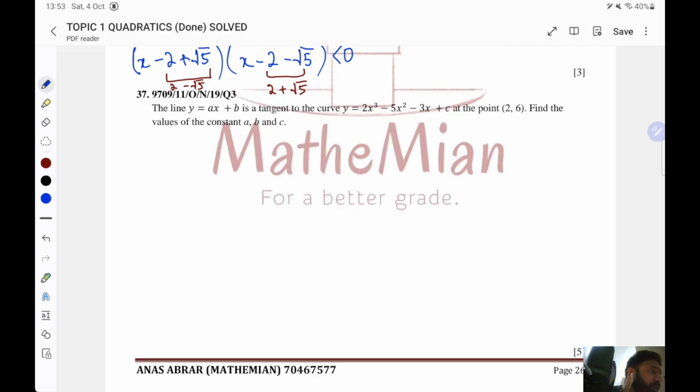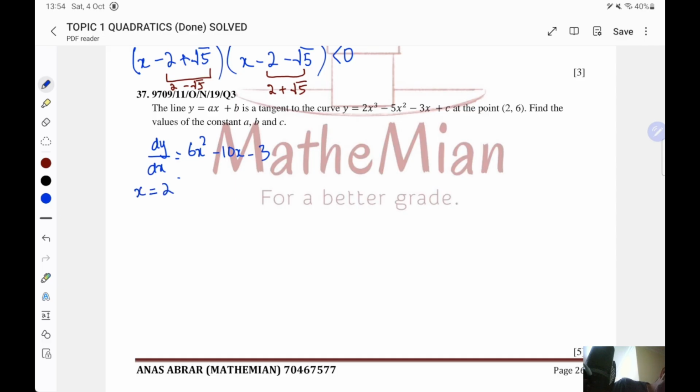So what we are going to do is first of all find dy by dx. So dy by dx will be 6x square minus 10x minus 3. We can find the value of dy by dx, which means we can find the gradient, by substituting the value of x as 2.